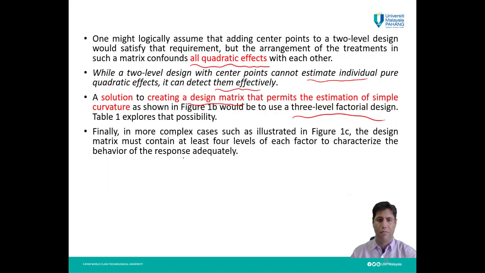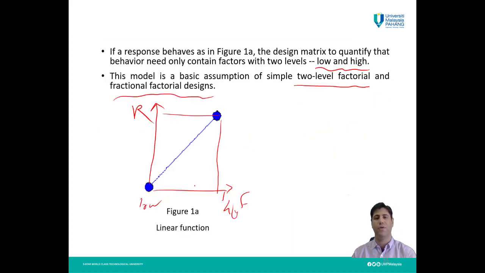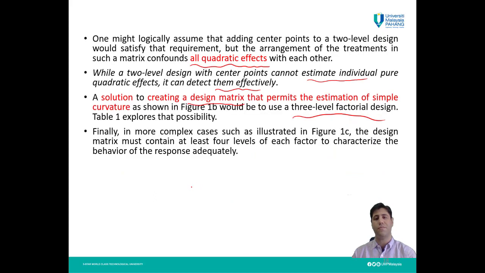This sentence I read is about this figure, meaning we need 4 different levels for the factor to find this curve. Thinking about it from mathematics, for any change in the trend of the curve, we need one level to define that change.